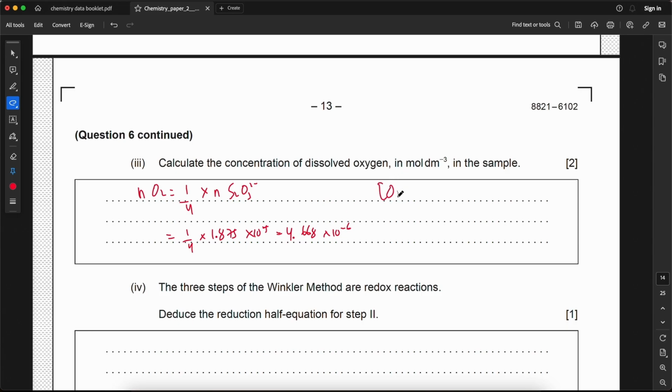So the concentration of oxygen will be n divided by V. 4.668 times 10 to the power -6 divided by 0.025. It's 1.875 times 10 to the power -4 mole per decimeter cube.